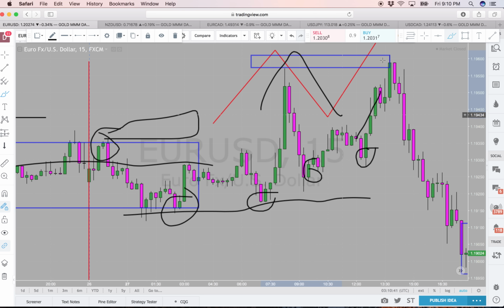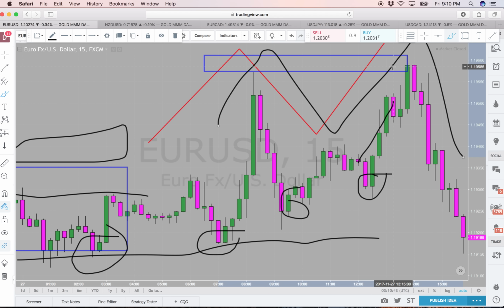Now, a perfect M formation, this is the confirmation candlestick pattern that we use. We can also see a little head and shoulders pattern right here, but that confirmation is the railroad tracks above the high, or whatever you like to call it.